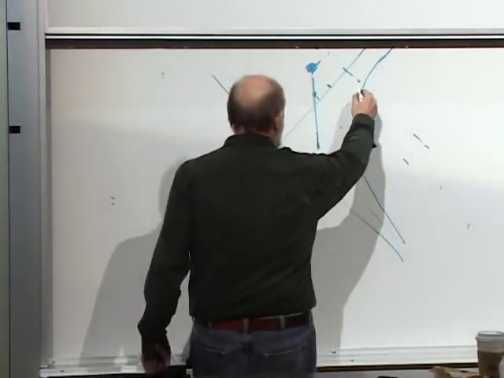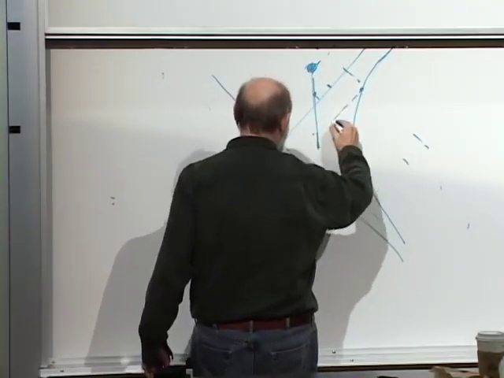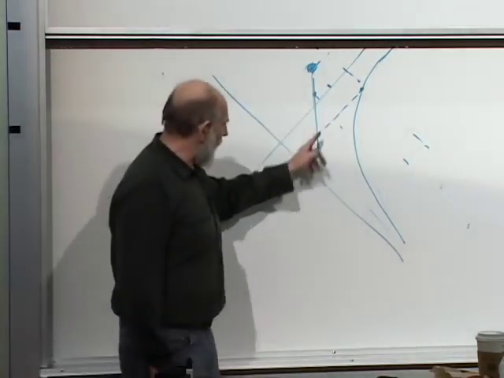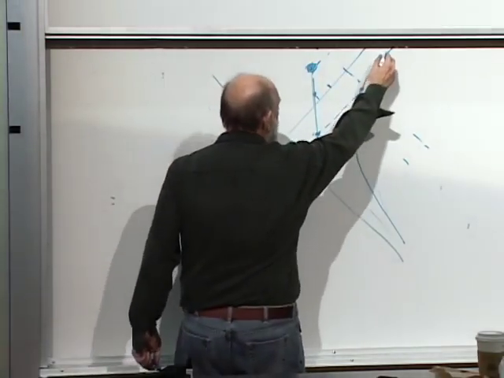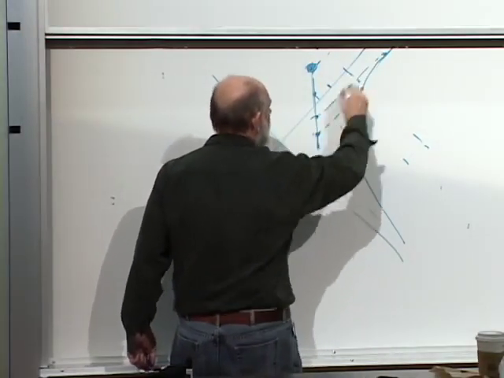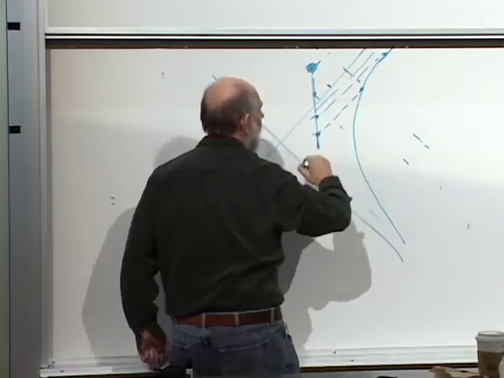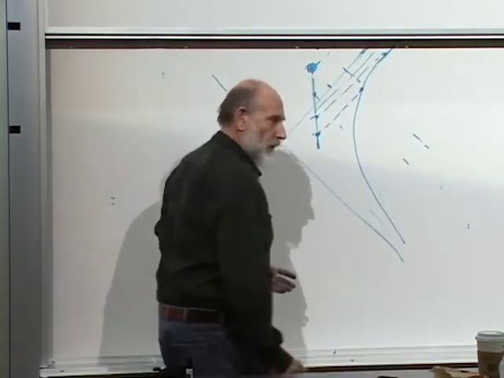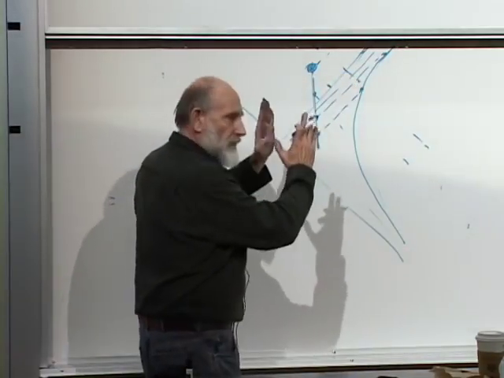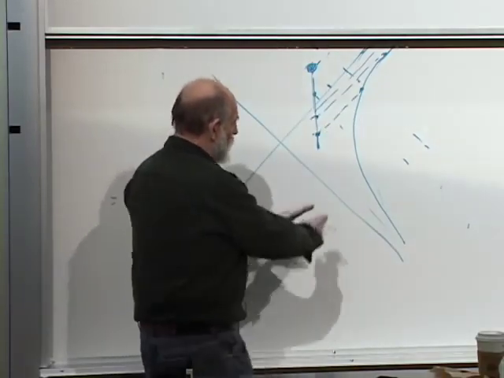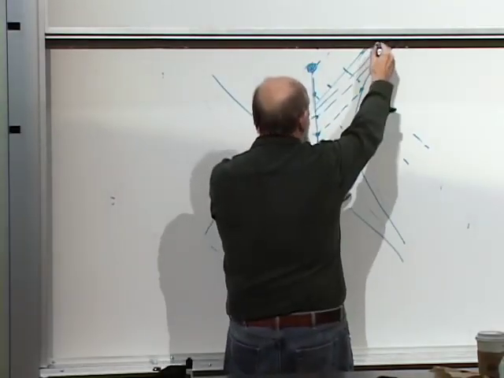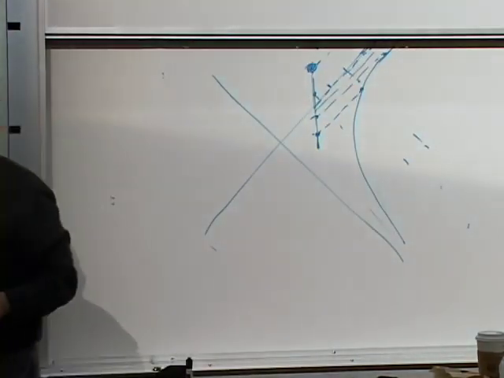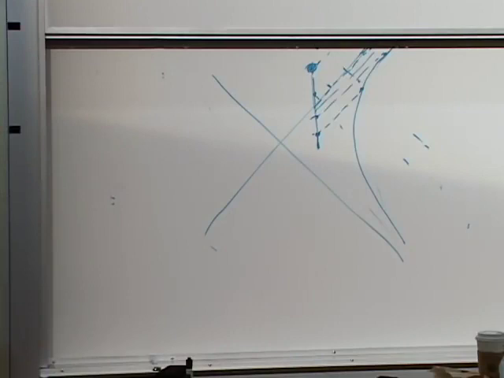Collecting light signals from the rock means looking back along a backward light-like direction, looks back and sees the rock over here. Goes a little further, sees the rock over here. Goes a little further, sees the rock over here. But keeping in mind that this hyperbola asymptotes to the light cone, as time goes to the very remote future for the accelerated observer, all he sees is the rock get closer and closer to the horizon, never passing it. This is so far special relativity.